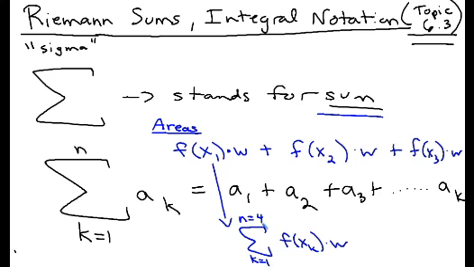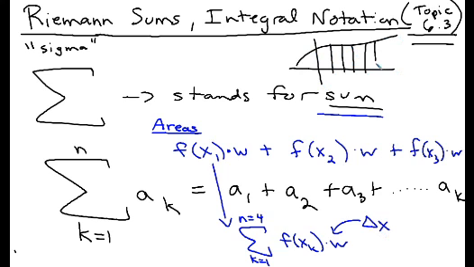Now, what we said is that this width is called delta x. It is the change in x from our graphs. If you remember, we took our graphs and we had a little graph up here, and we divided it up into all these rectangles, and we said that this width of the rectangle was the change in x, or delta x.